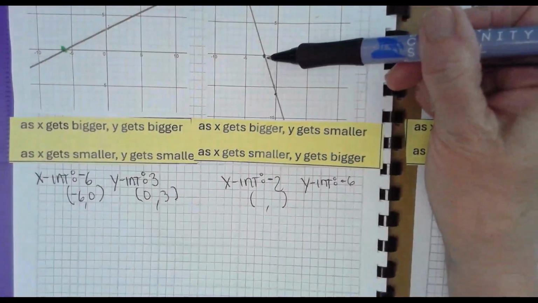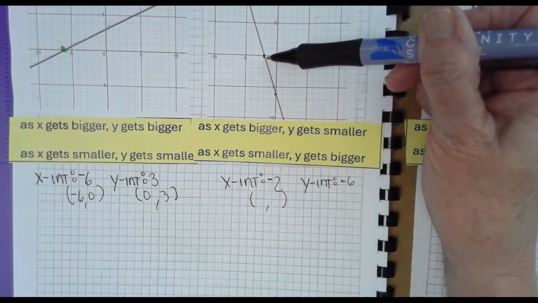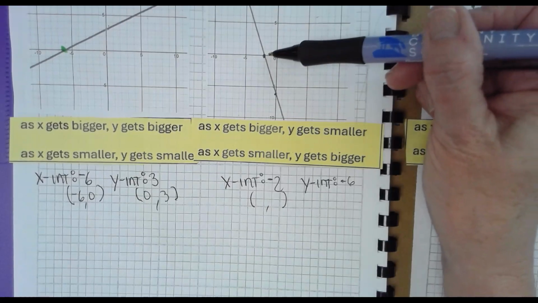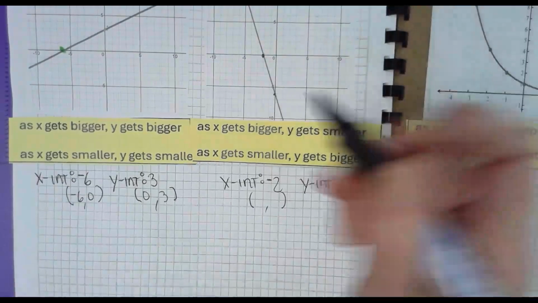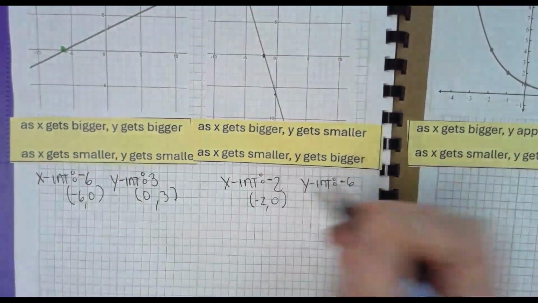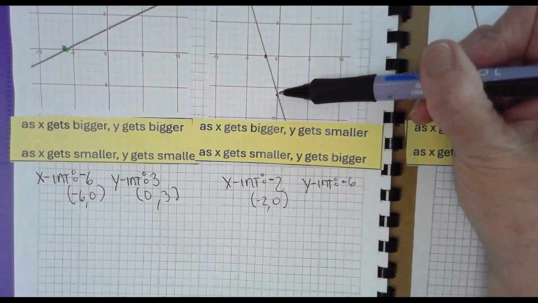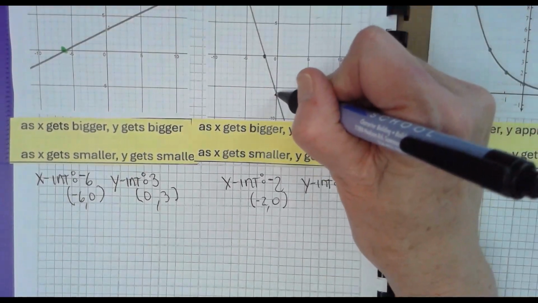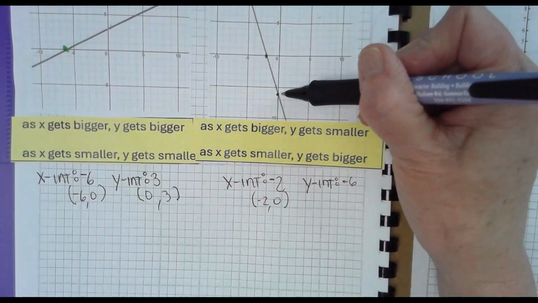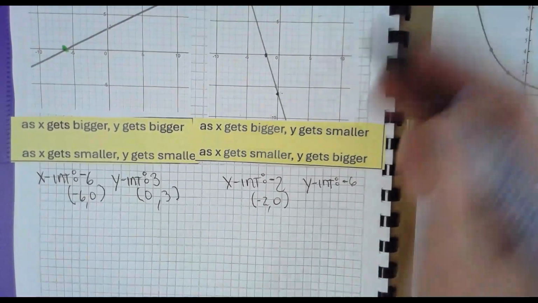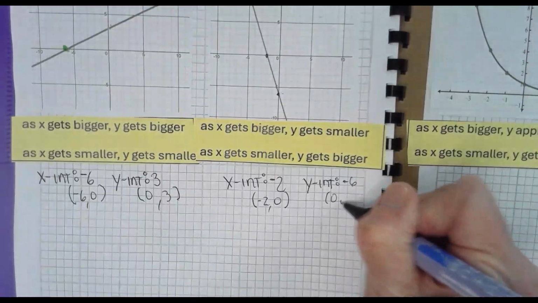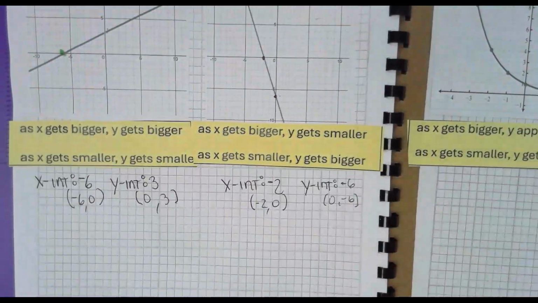In other words, what's that ordered pair right there, where my pen is? -2, 0. And this is my y-intercept. What's that ordered pair right there? 0, -6. Just trying to remind y'all about some 8th grade math stuff.